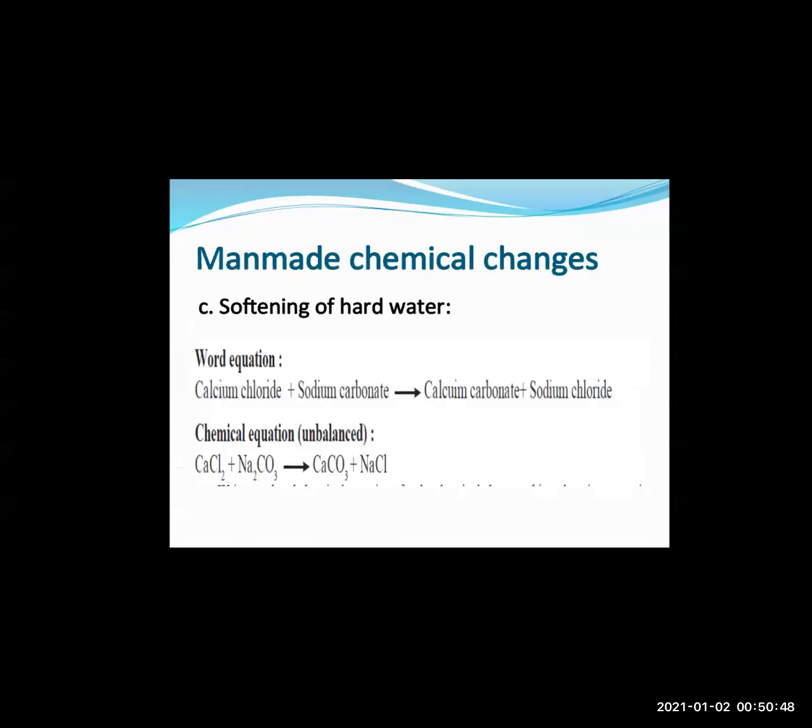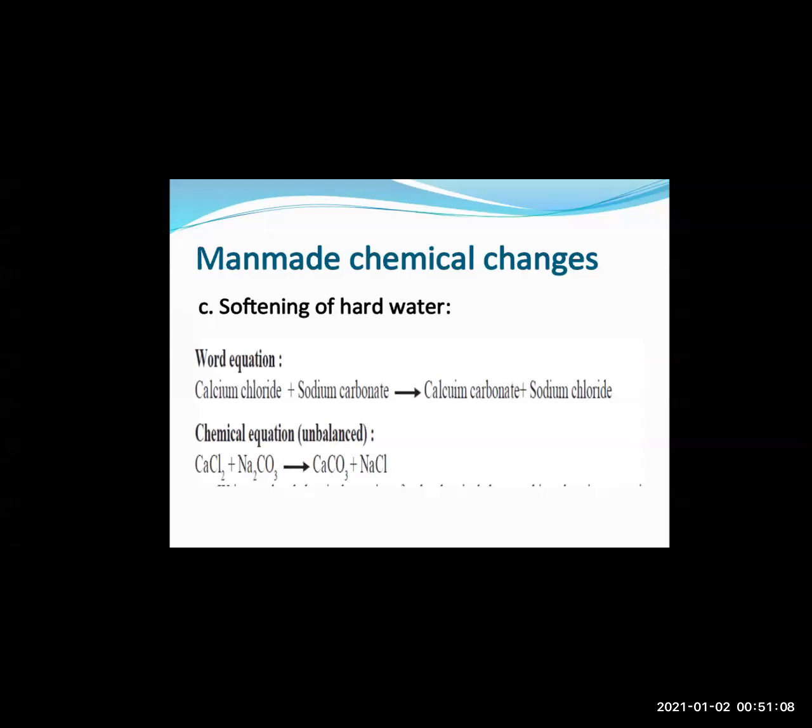Let's move on. Let's see the third use, that is softening of hard water. Softening of hard water means what? Water is of two types, hard water and soft water. Hard water is water in which washing soda does not dissolve properly.